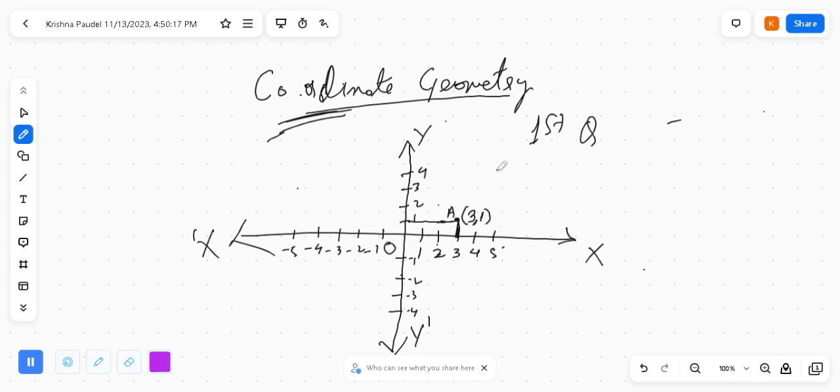Same way, let's say this point here, point B. If I want to know the position of this point, then I have to drop a perpendicular from this point onto the x-axis, and it will touch 5 on the x-axis. Wherever it touches that number, we have to write here.